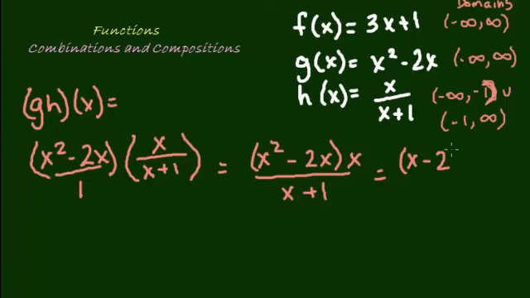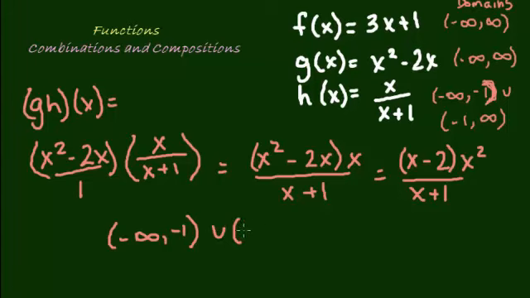But I got x times x minus 2, taking out that x, so I'll have x squared over x plus 1. The domain of this thing, once again, is going to be exactly what h is. It's going to be from negative infinity on up to negative 1, round parenthesis, union negative 1 to positive infinity. Since we're sitting here with this thing, let's figure out what g times h of 1 is.